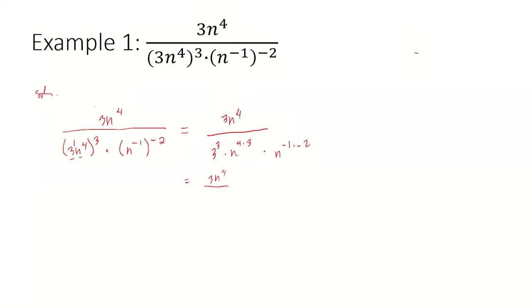3 cubed is 27. So, 3 times 3 is 9. 9 times 3 is 27. Then, for n, 4 times 3 is 12. Then, negative 1 times negative 2 is positive 2.